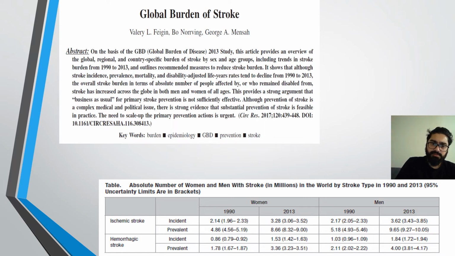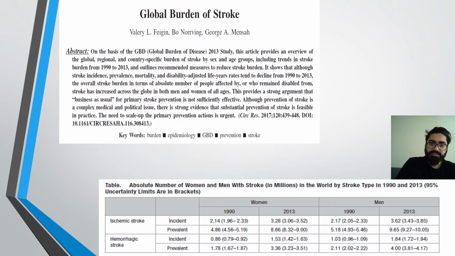The ischemic stroke group had an incidence of 2.14 in 1990 and a prevalence of 4.86 in 1990. And in 2013, this was observed in women to be 3.28 and in men to be 8.66.